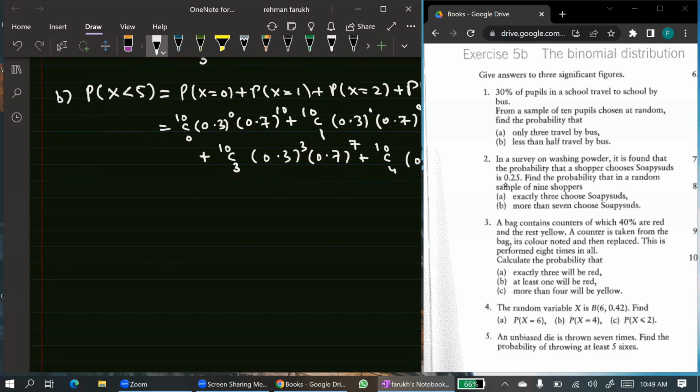Now there is a C part. The C part is find the probability that there is at least one success.